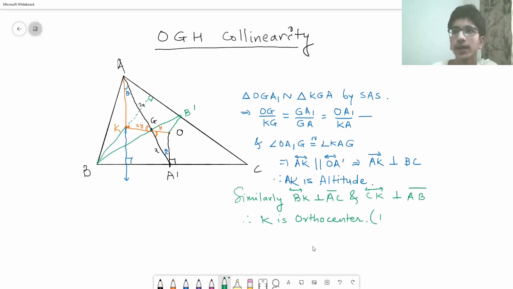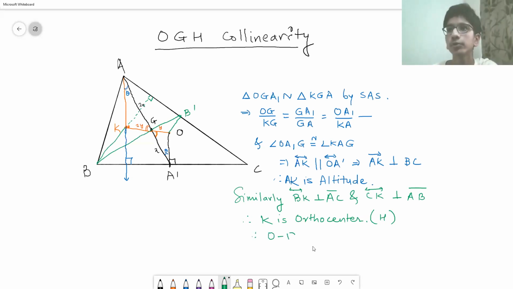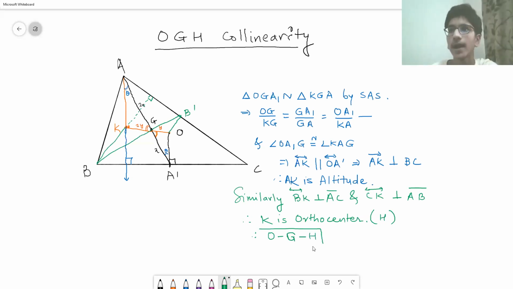Earlier we have proved that AH is equal to 2OA'.